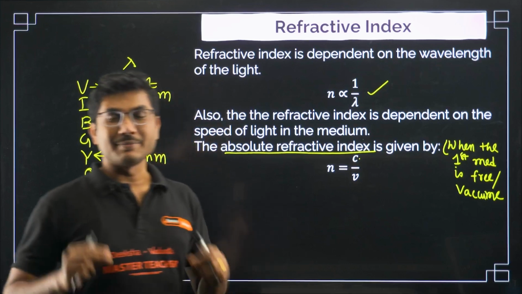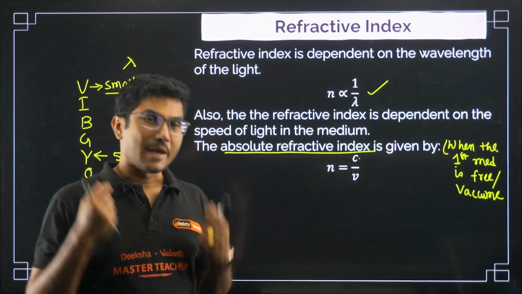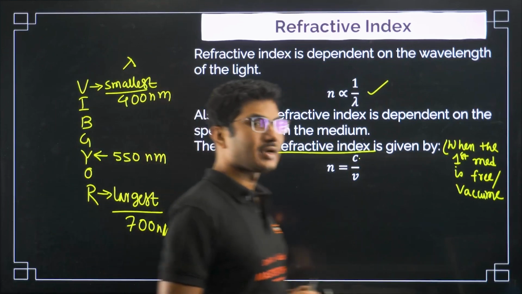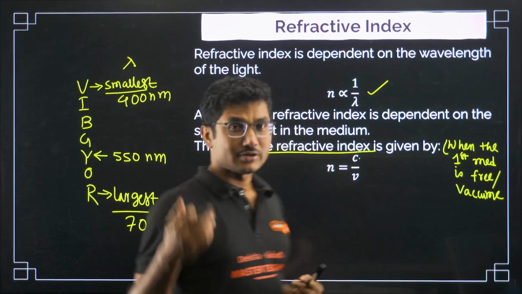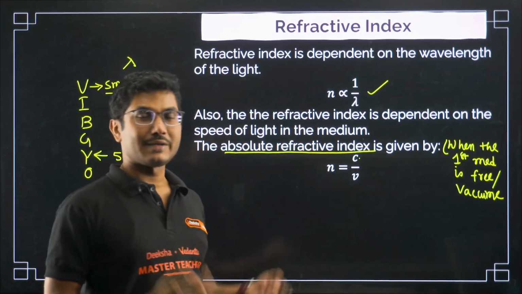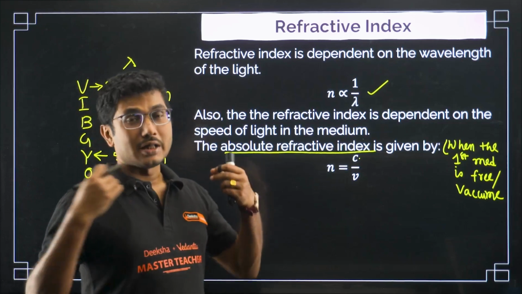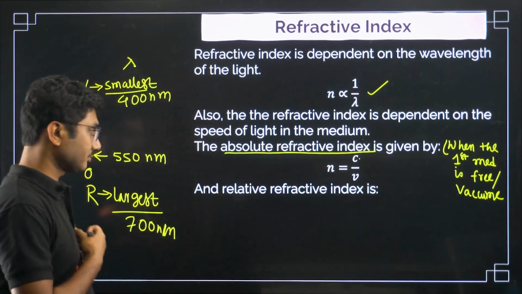If nothing is mentioned, then the refractive index generally represents the absolute refractive index only. For example, if I say the refractive index of flint glass is 1.5 and the refractive index of crown glass is 1.6, that means they represent the absolute refractive index.